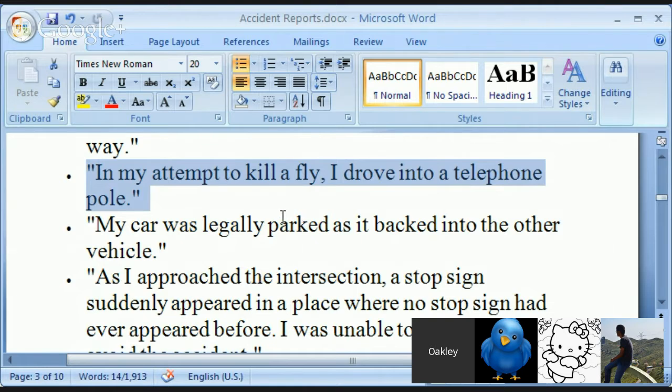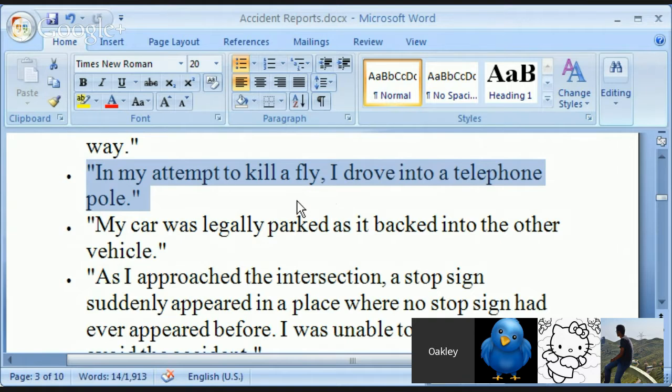He was attempting to kill a fly, and unfortunately, he drove into a telephone pole. Yes. Probably he was distracted by a fly, and he drove into the telephone pole.